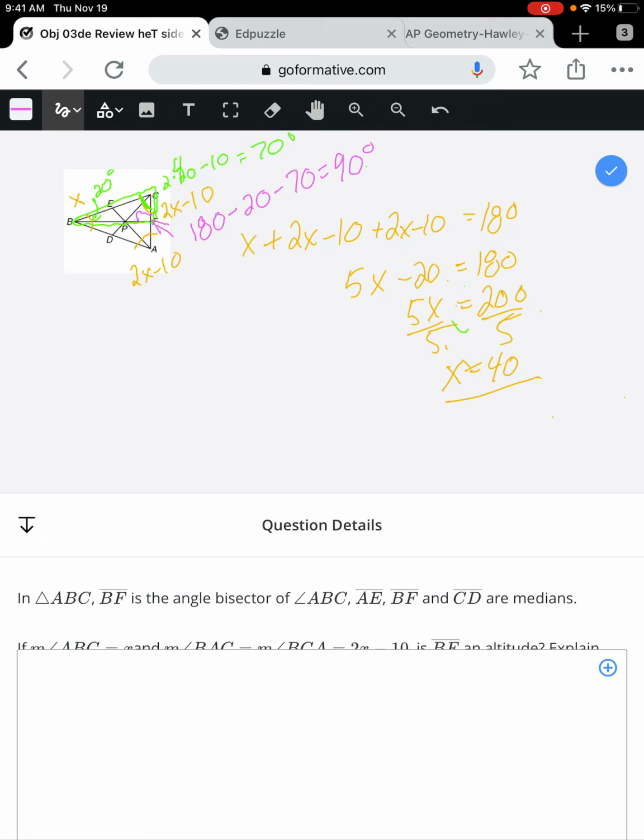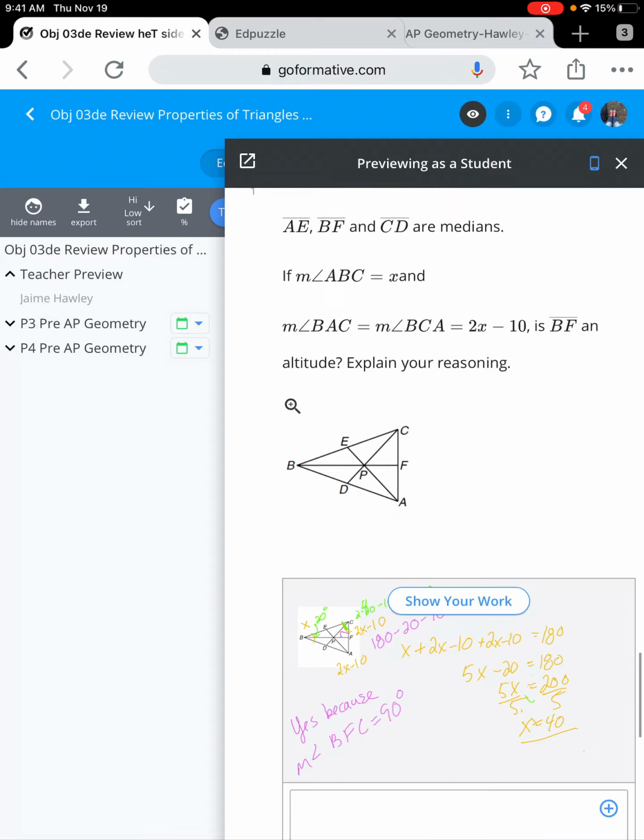Yes, because the measure of angle BFC is equal to 90 degrees. Okay, so that's your reasoning there.